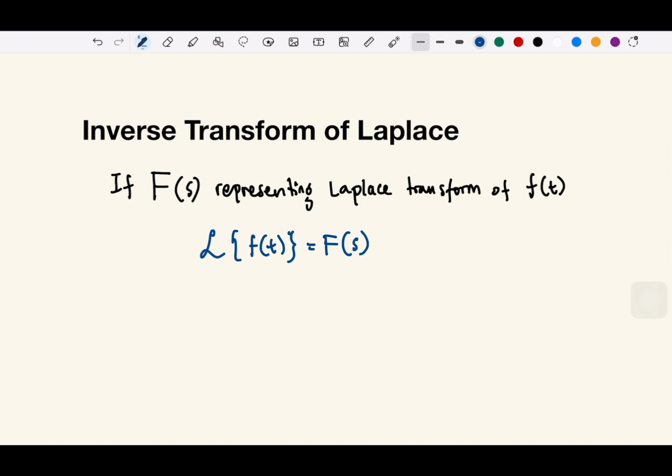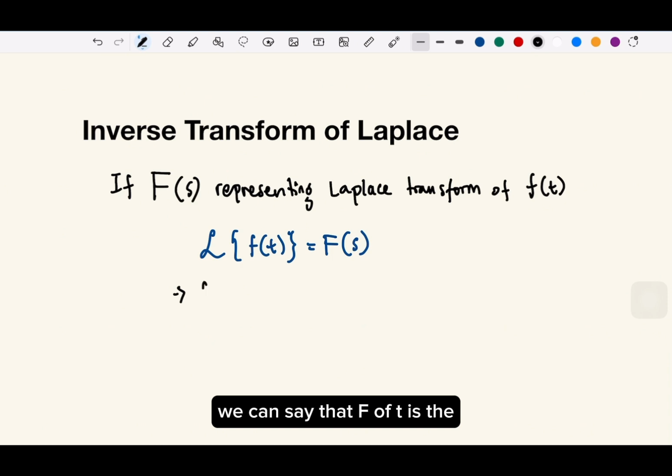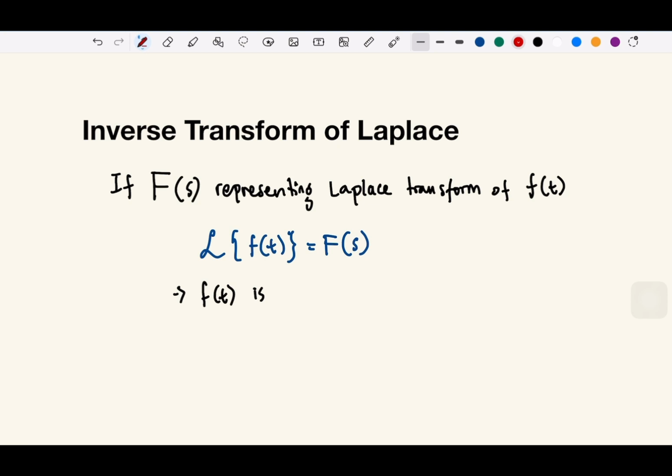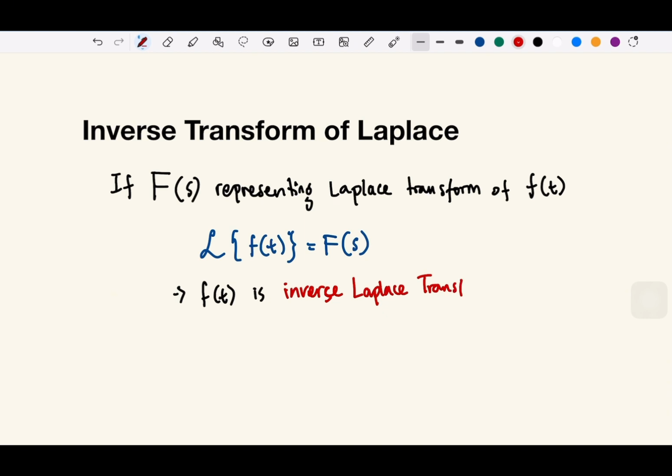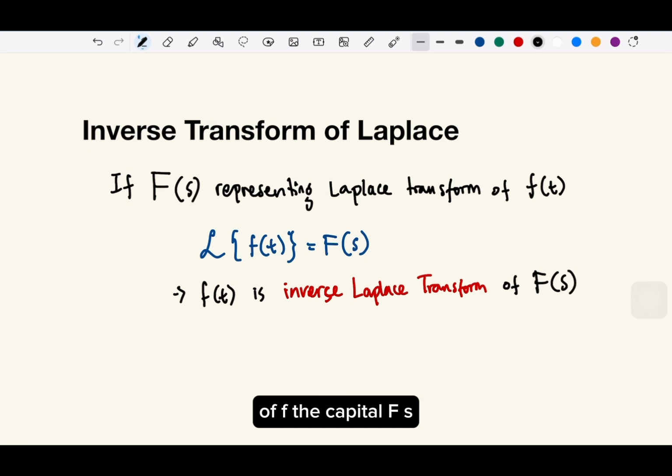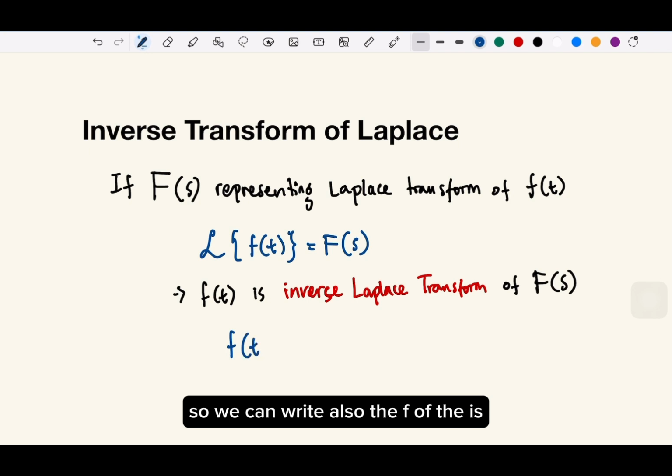Okay, now we can say that f of t is the inverse Laplace transform of the capital F of s. So we can also write f of t is the Laplace inverse of F of s.